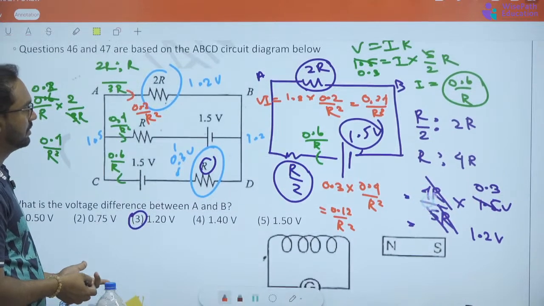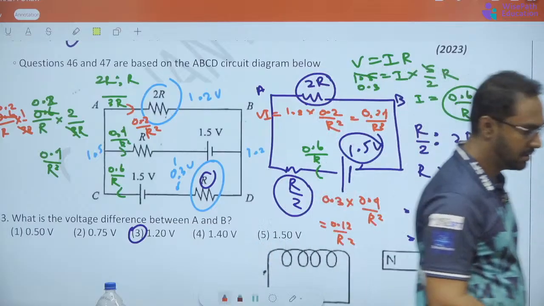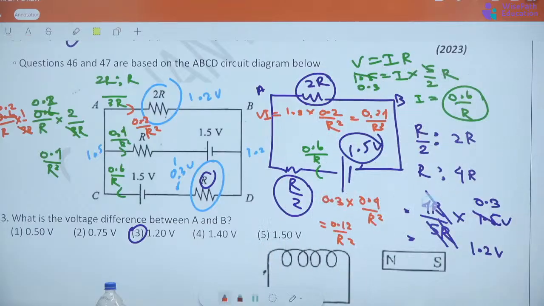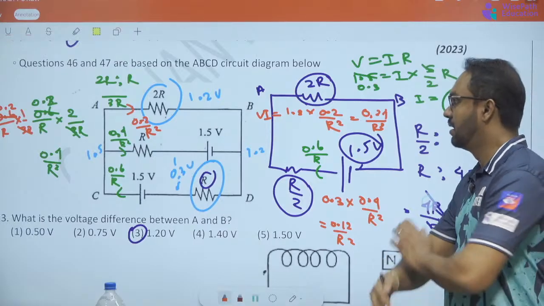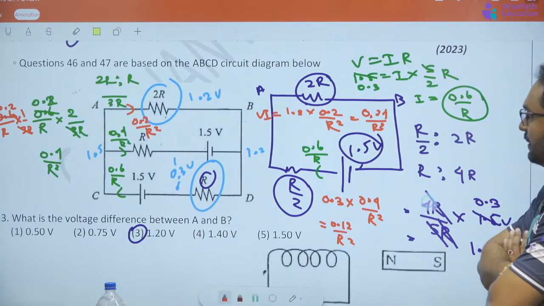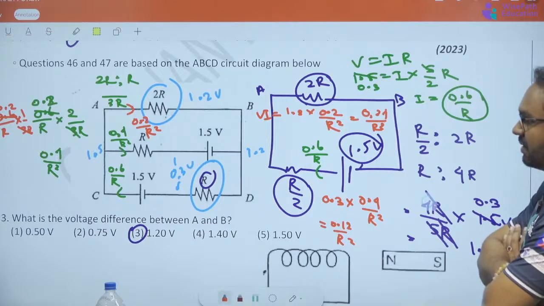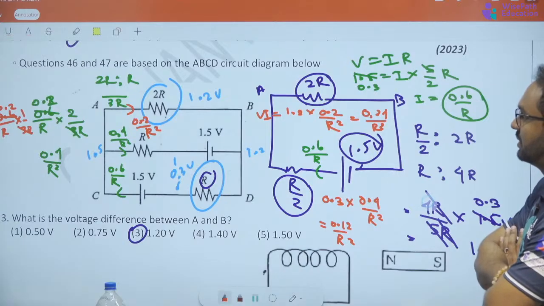Take a note, there are simpler ways of doing it. I went into the details so you understand it. You can take V square over R if you want, because you know that the voltage across 2R is 1.2 and the resistance there is 2R.